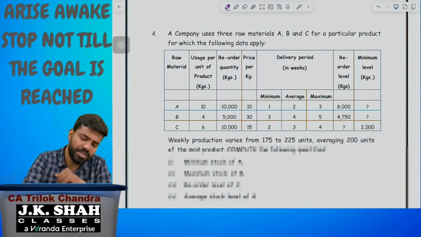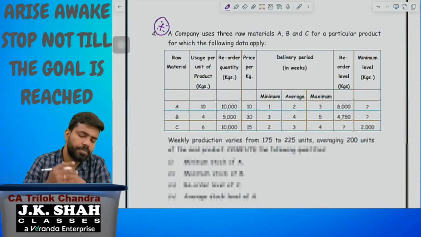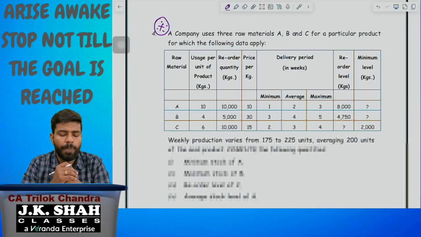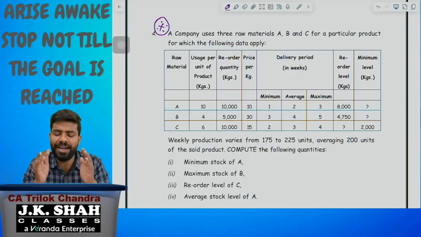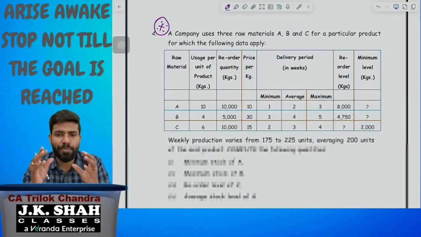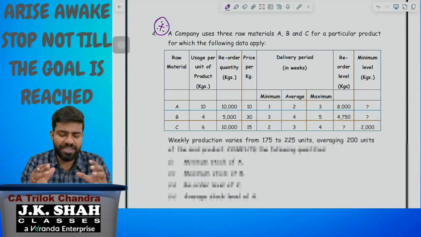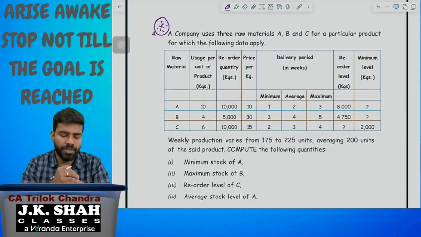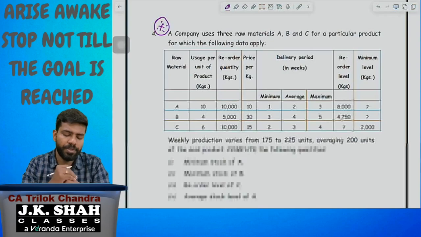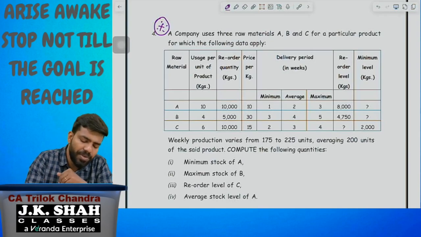I can say this question is somewhat important. A company uses three raw materials A, B, and C for a particular product for which the following data apply. Look at raw material A. Usage per unit of product in kgs. Per unit, 10 kgs will be used.